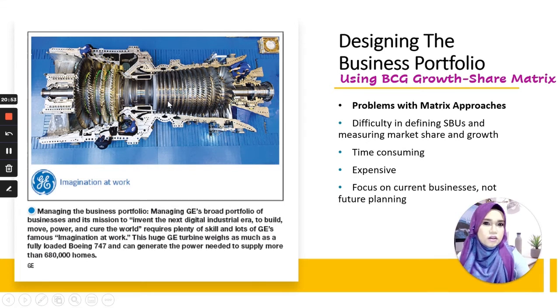The problem here is that we have this turbine, but we do not know whether to make it a power generator for the plane or for the houses. If it is for a plane, how much can we sell, and if it is for the houses, how much can you supply and how many can you build. So this is some of the problems of the BCG growth share matrix.